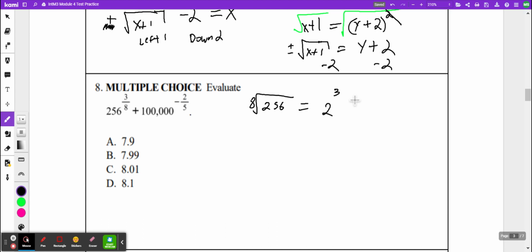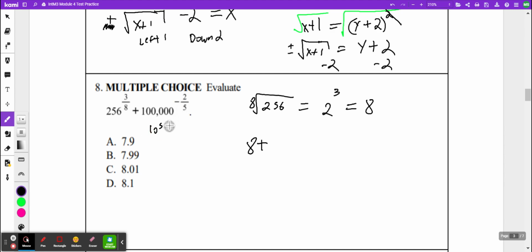So that's 2 to the 3rd power, which is 2 times 2 times 2, which is 8. So I'm looking at 8 plus 1,000. Okay, I have negative 2/5. All right. So now I have to figure out, all right, I think that's going to be 10 to the 3rd. So this guy is 10 to the 3rd right here.